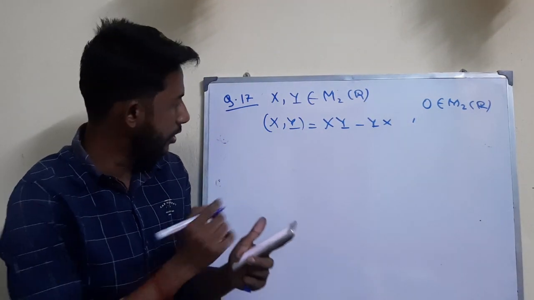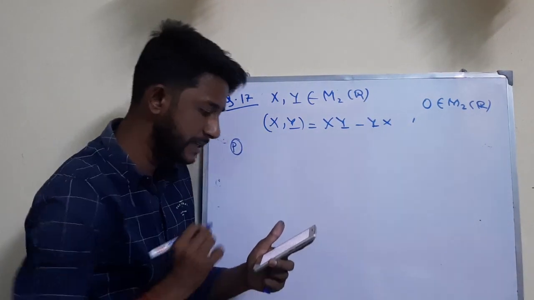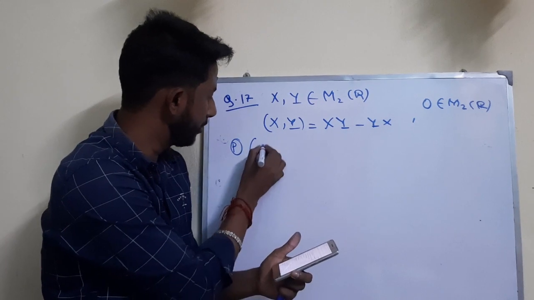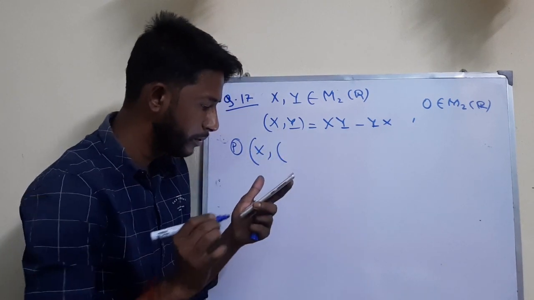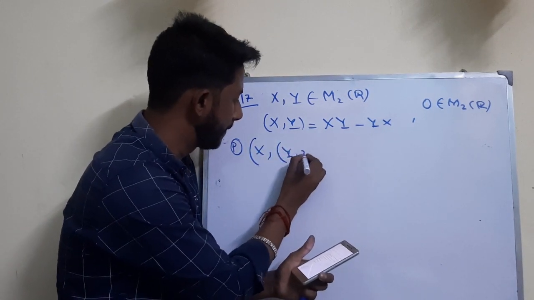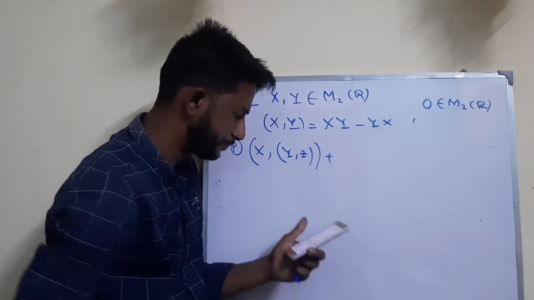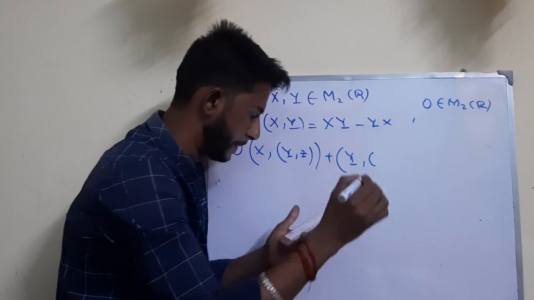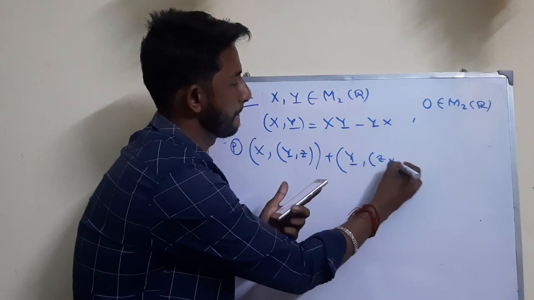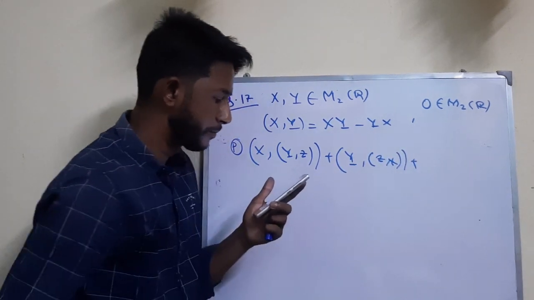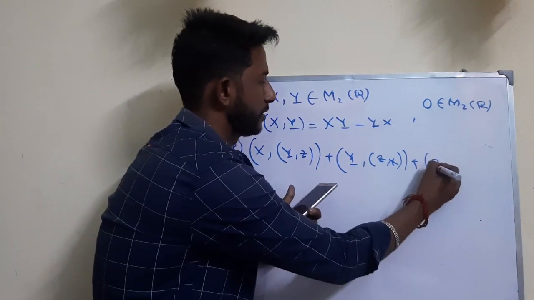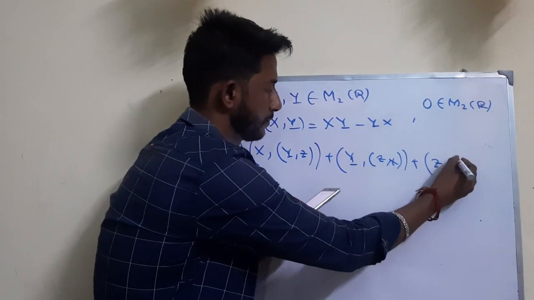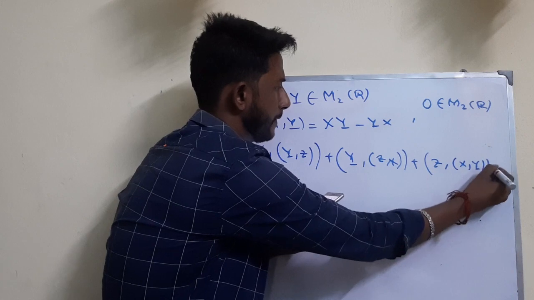Statement P says that bracket of x, bracket of yz, plus bracket of y, bracket of zx, plus bracket of z, xy is equal to 0.